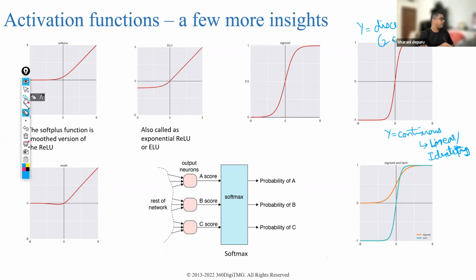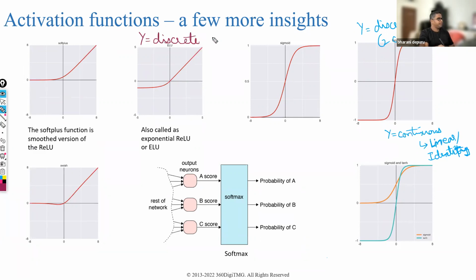If you have an output variable which is discrete, and it has more than 2 categories, then what happens?